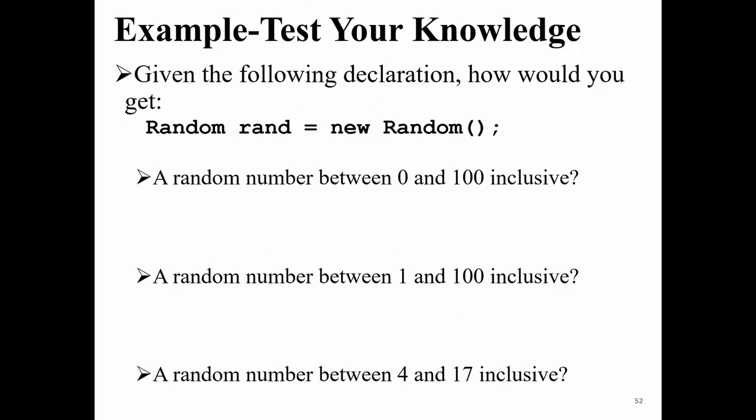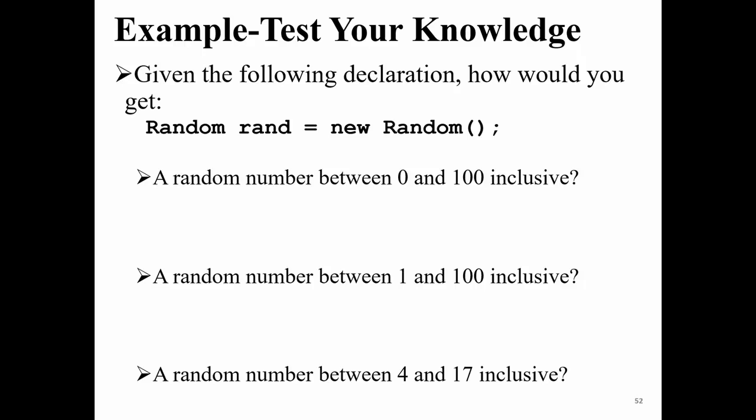To test our knowledge, I ask you to write statements, given that I already defined Random rand equals new Random. So I already created an object for you. You don't need to worry about that. The only thing I need is the statement that returns a random number between 0 and 100 inclusive.